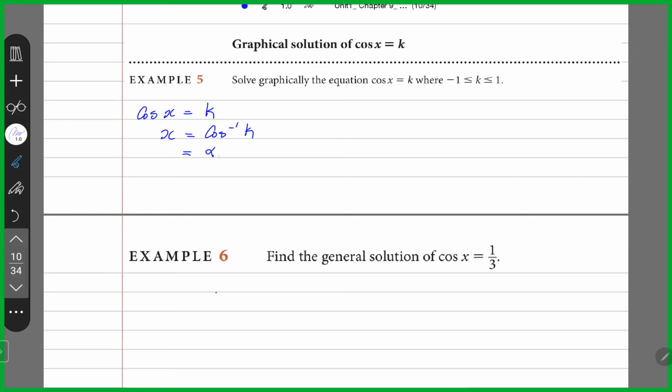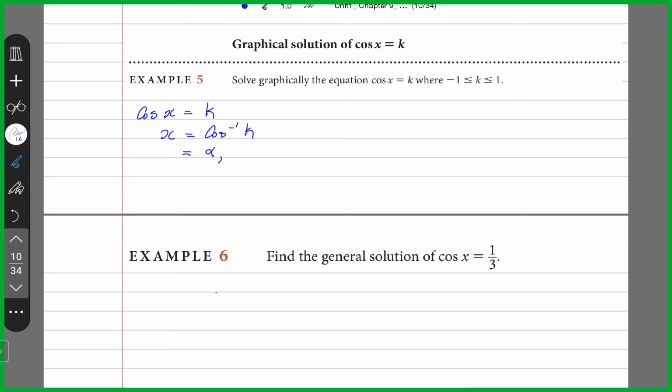Please note that in the first quadrant, the sine, cosine, and tangent of every angle in the first quadrant is positive.